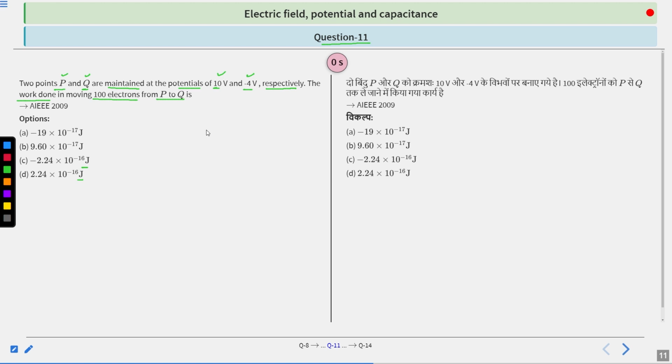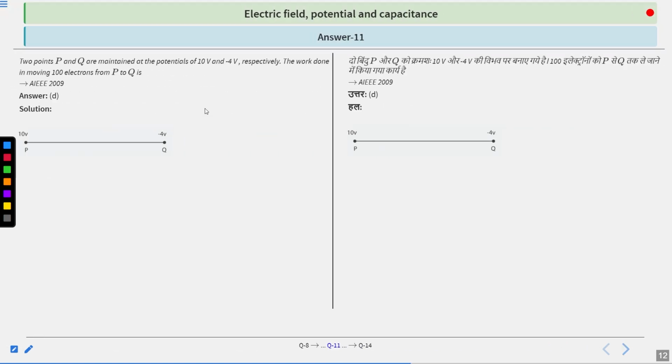Let's find the solution. According to the question, this is point P and point Q, maintained at the potentials 10 volt and minus 4 volt.